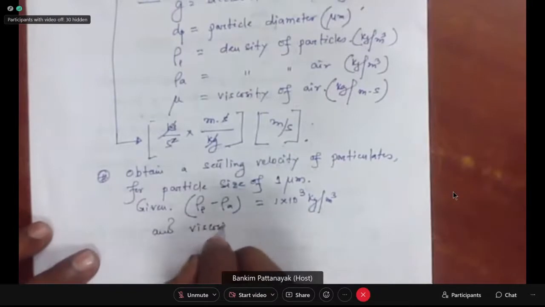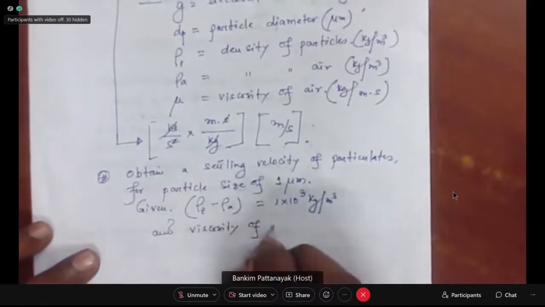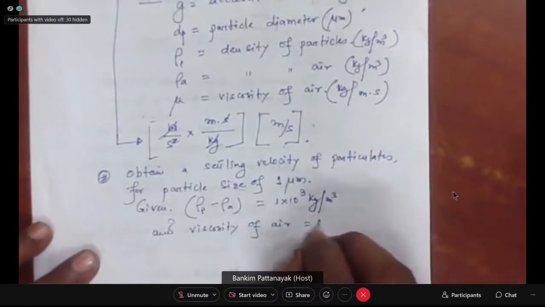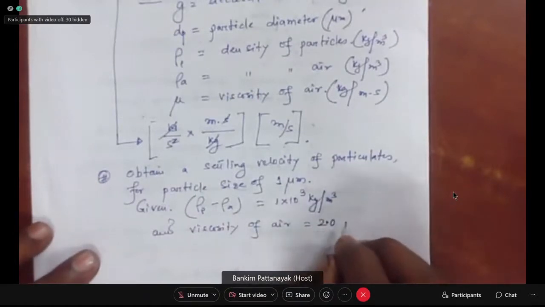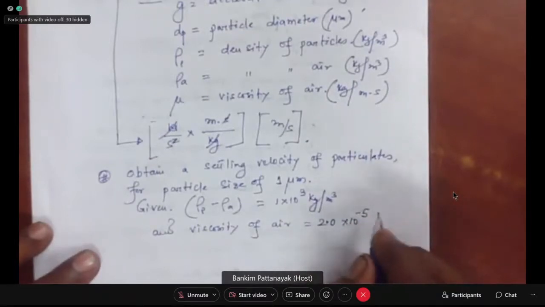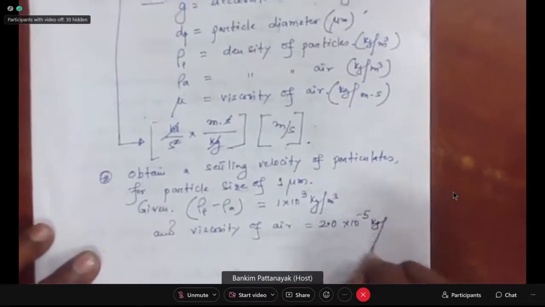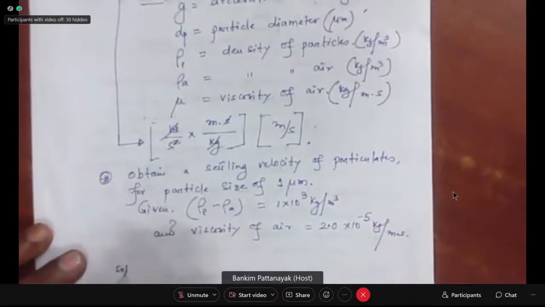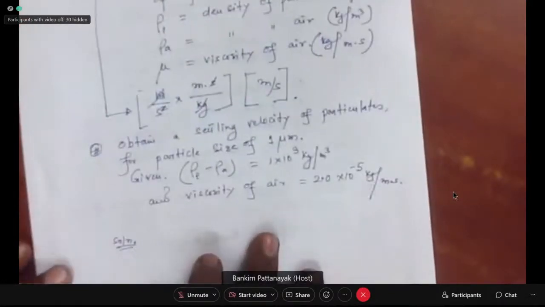viscosity of air is equal to 2.0 into 10 to the power minus 5 kg per meter second. It's a simple one. You take the formula and get the result.